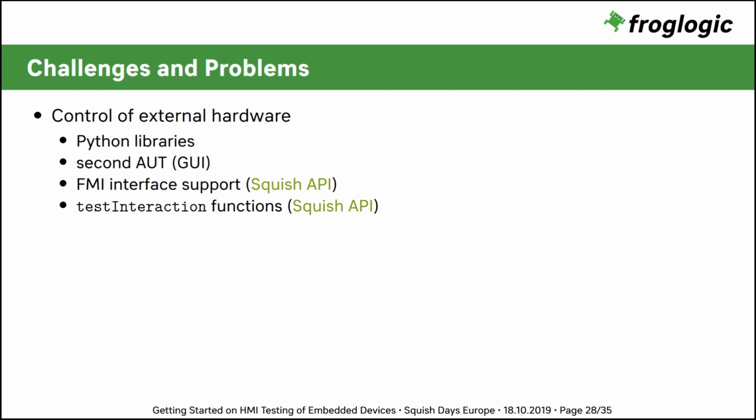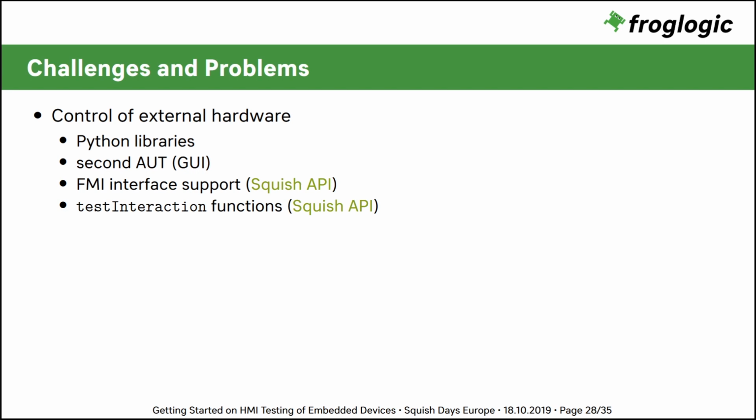Also, sometimes in the environment around the embedded device, or sometimes even on the embedded device itself, there are additional programs which can also be automated by using Squish. So you automate another, second application with Squish, and in that second application you can set some parameters of your device, maybe trigger some actions or whatever that second application can do for you.